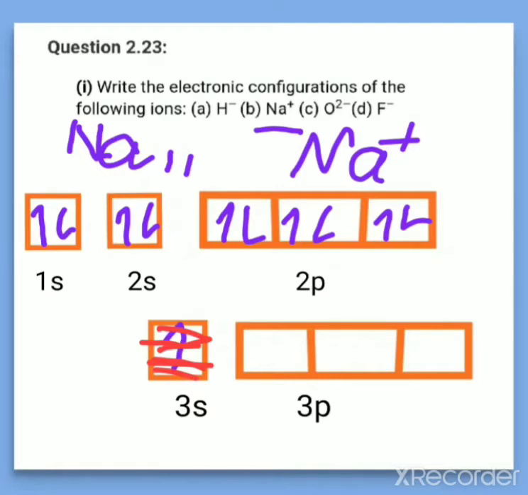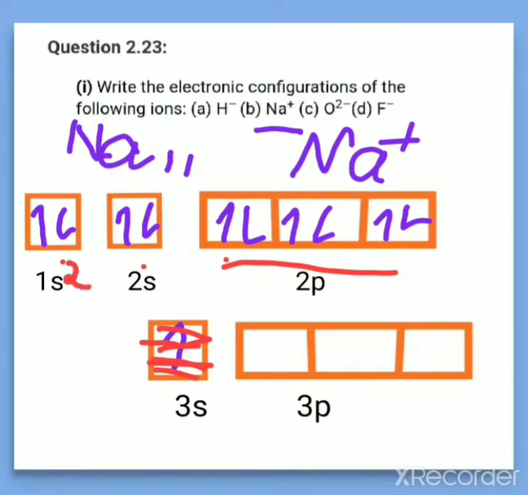After removing the electron, count how many electrons are left. That is 2, 2, 4 and here 6, so a total of 10 electrons. So for Na plus, there are 10 electrons. Now how do we write the electronic configuration?